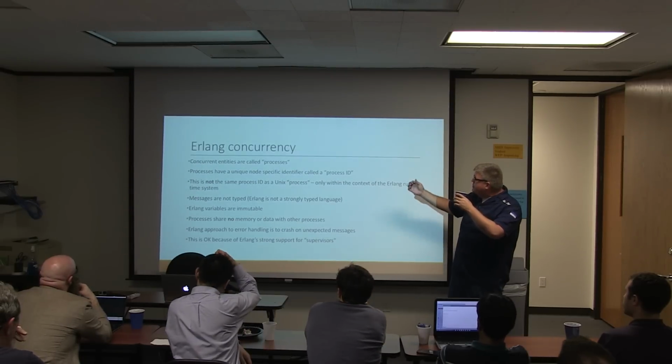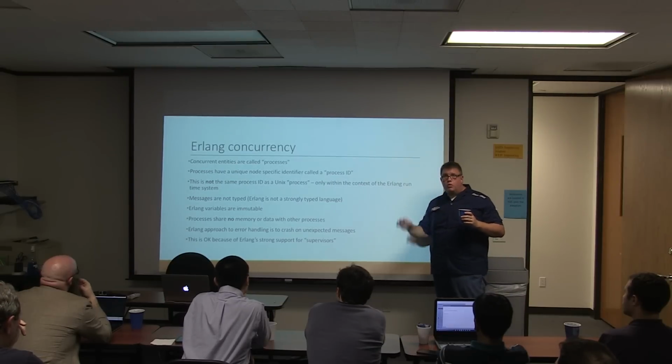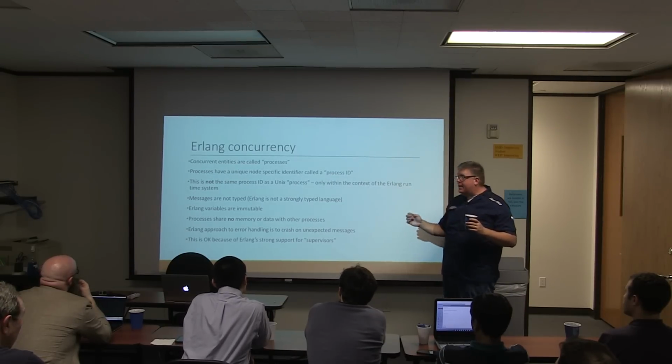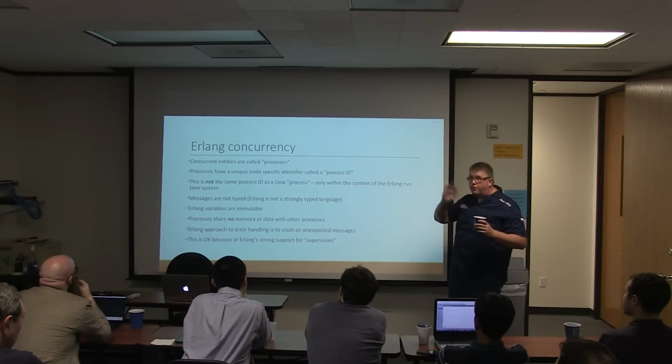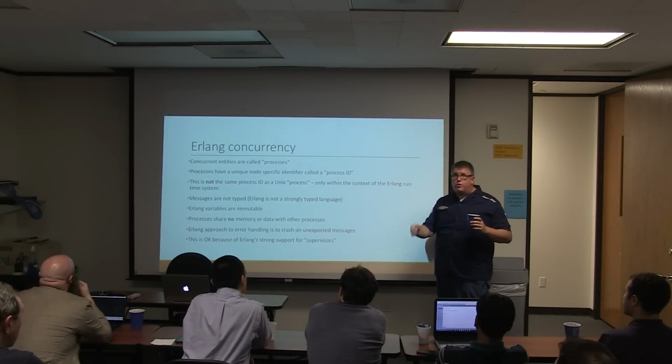The processes, when they're created, get a specific identifier that's specific to a node. One of the really neat things about Erlang is that it has that for free, quote unquote, and remember these are scare quotes, so you should be scared. It provides a way for you to do distributed processing.